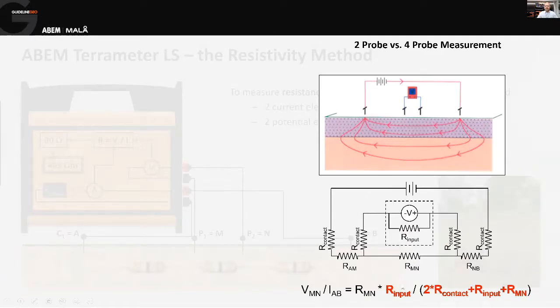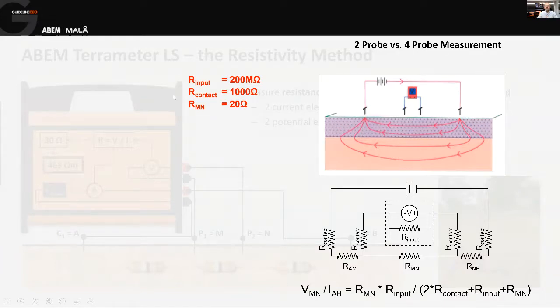Because if we can cancel out that part, then that just leaves us with the resistance R_MN, the resistance between our voltage electrodes, and that's the one we need to calculate our apparent resistivity. So if we actually use some real world numbers for this, and then use the equation that will give us the total resistance of our system, we can see how effective this might be.